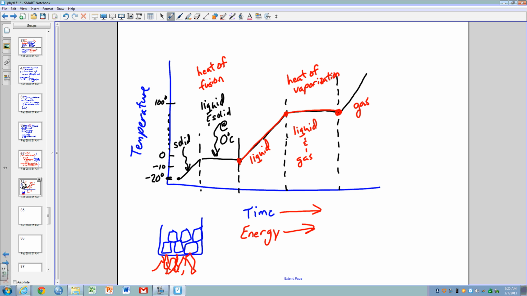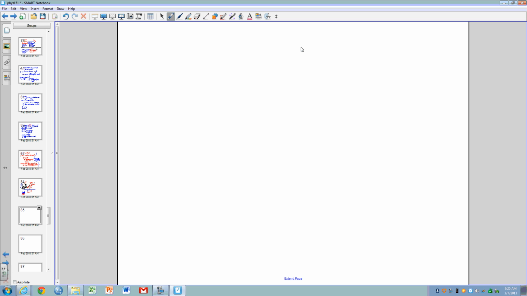All right. Let's look at evaporation. Evaporation is really just a fancy way of saying that we're converting from a liquid to a gas. It turns into a vapor. I'm sorry, evaporation.